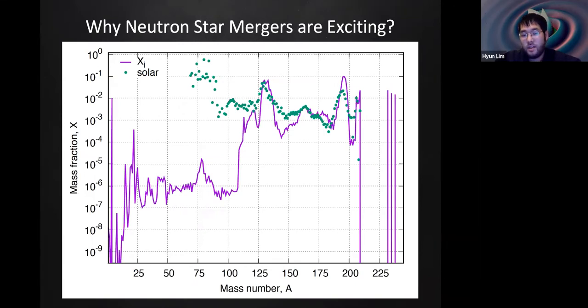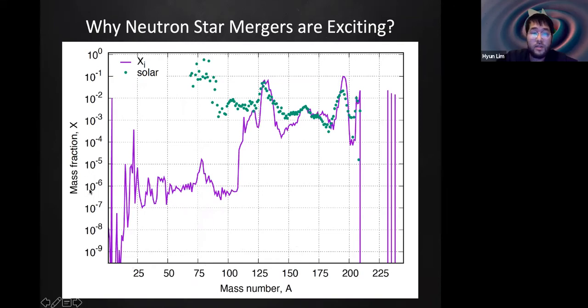But after iron, because iron is so stable, it is really hard to naturally have elements heavier than iron. It means we need some engine to create heavier elements in the universe. There are multiple different ideas how these heavier elements are generated through various really energetic astrophysical phenomena, and neutron star merger is one of the events.